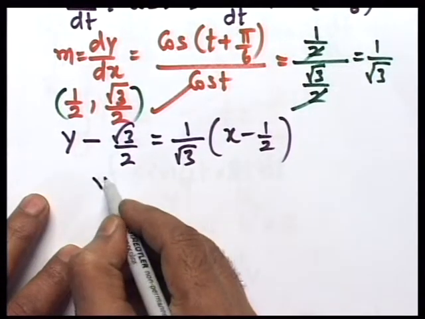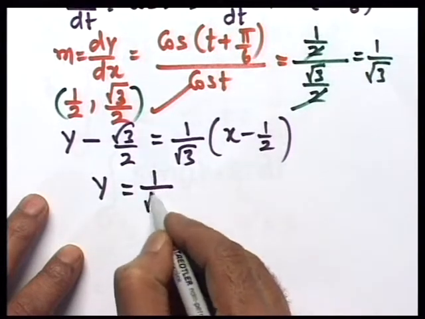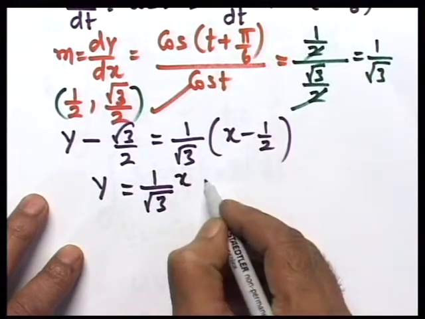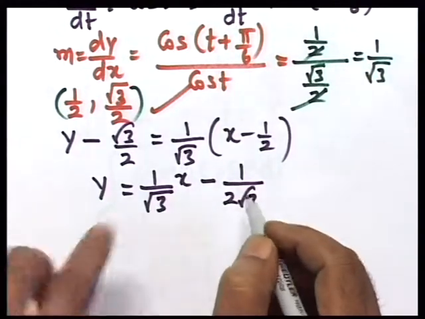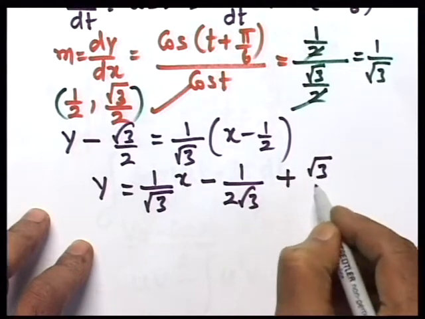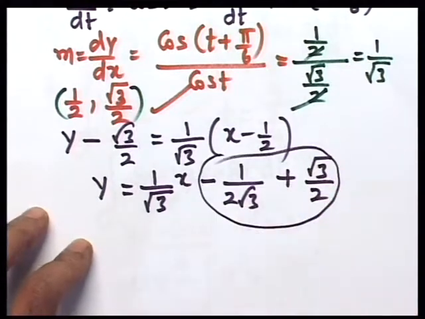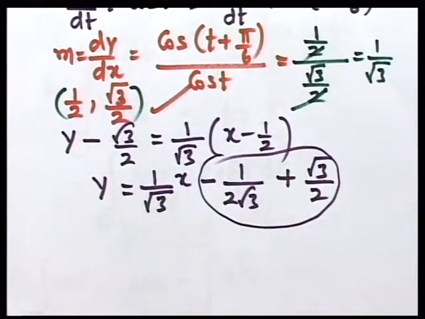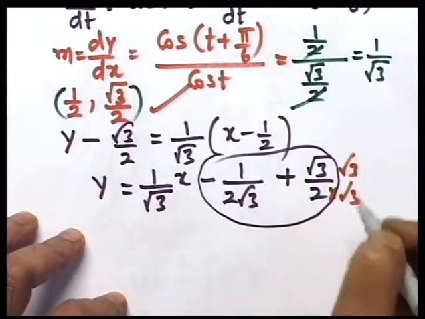Y equals, open this bracket, so it's 1 over root 3 x minus 1 over 2 root 3, and then transfer this to the right hand side. It will be plus root 3 over 2. These two we can simplify if we want. Times by root 3, and a root 3 there.